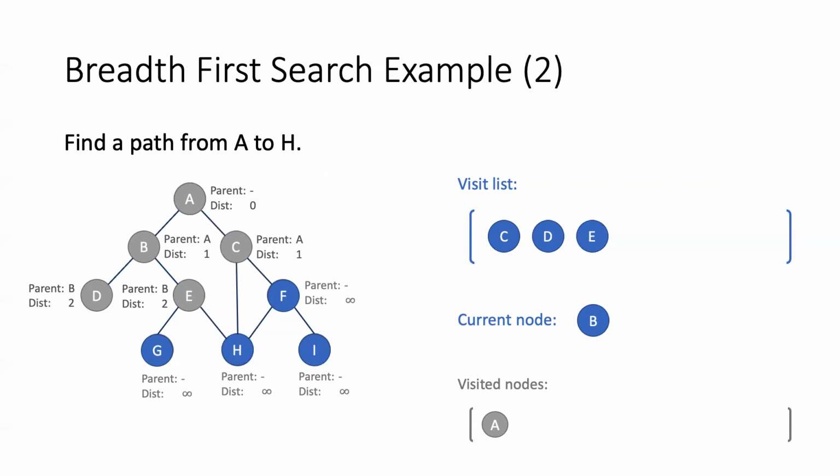All right, so once we do that, we've processed B. We've updated the neighbors. We've enqueued them onto the visit list. Now we can take our next element off, which is going to be C, and update its elements. So with C, the neighbors of C that we have to think about are H and F, right?